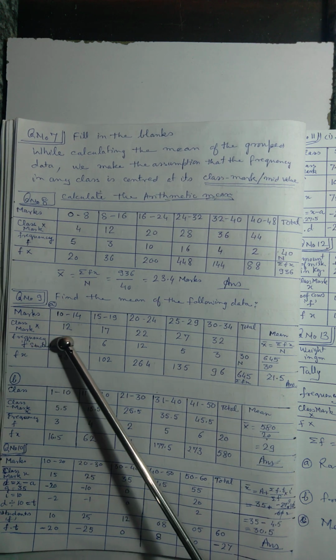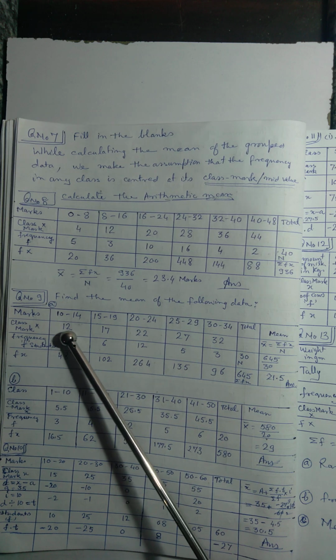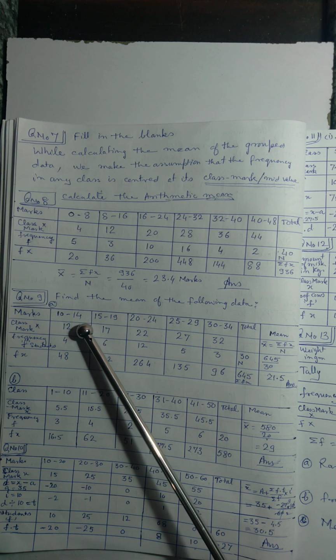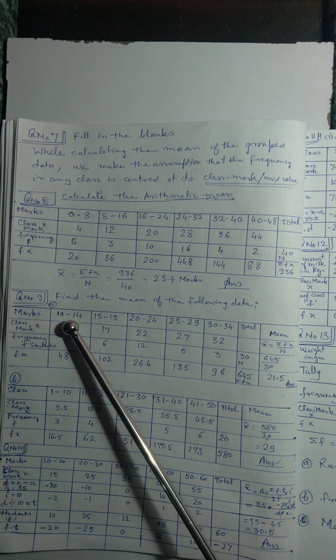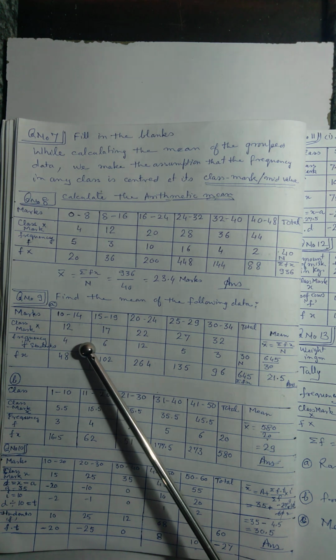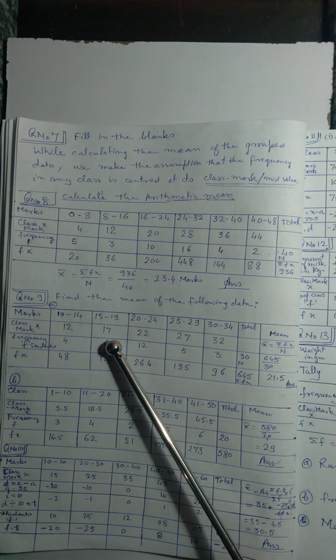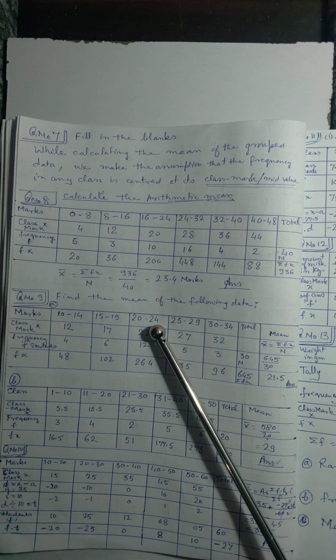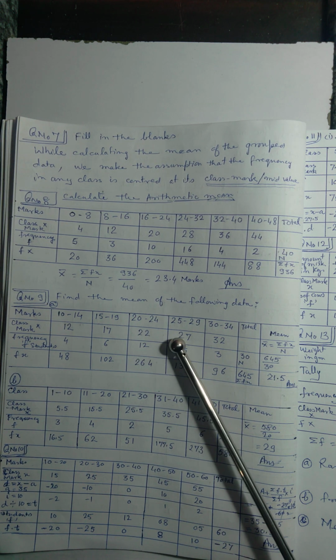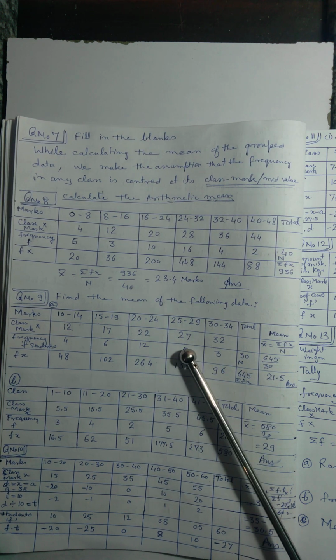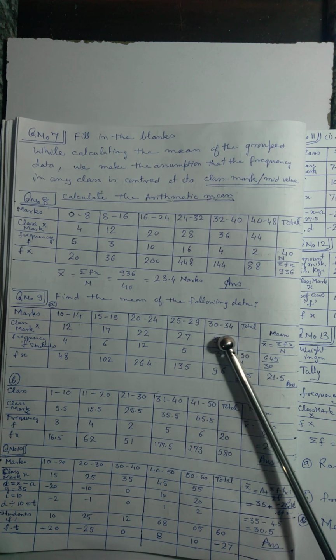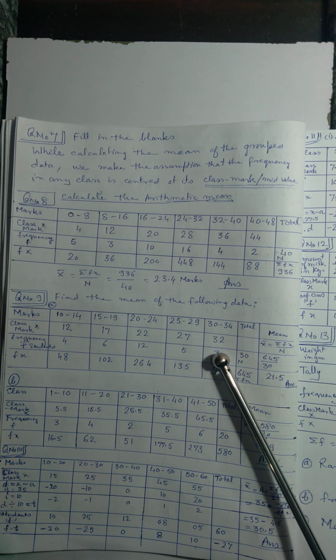So the class marks have been written here. 10 plus 14 divided by 2, that is 12. 15 plus 19 divided by 2, that is 17. 20 plus 24 divided by 2, that is 22. 25 plus 29 divided by 2, 27. 30 plus 34 divided by 2, 32.